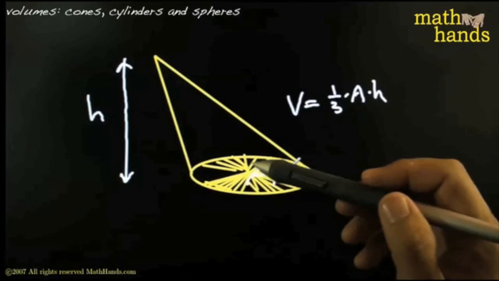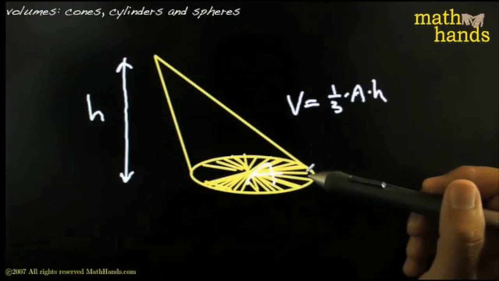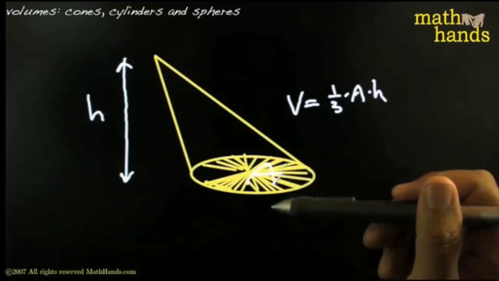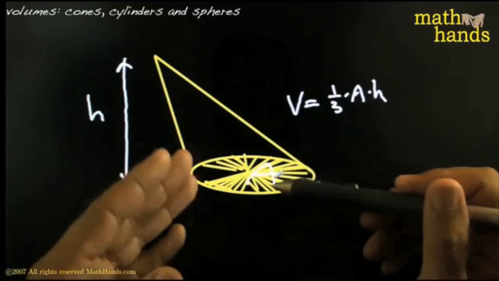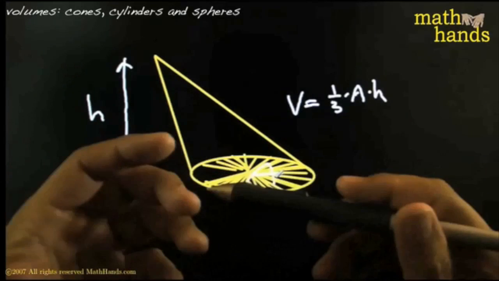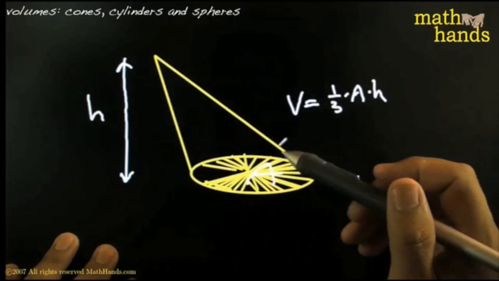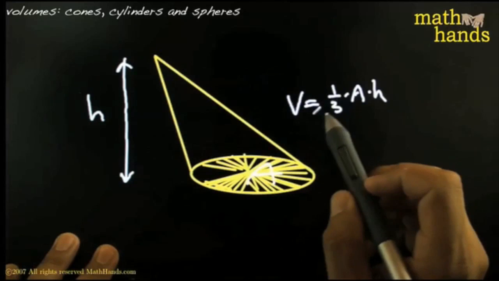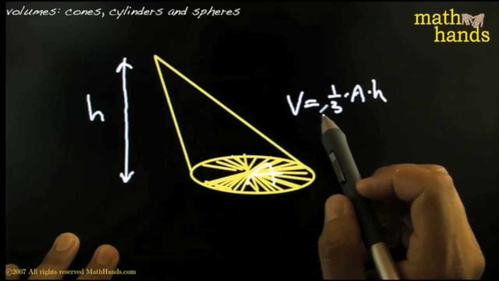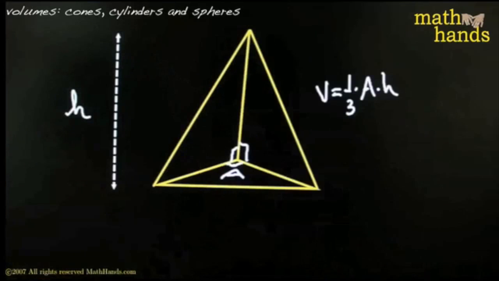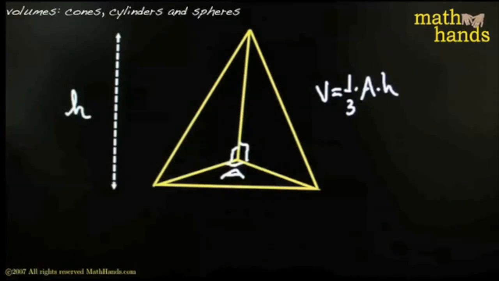Amazing. Even things that are not polygons can be broken up into triangles. You may have to use infinitely many of them that are infinitely small, but amazingly enough, it still works. And so this is a nice idea.